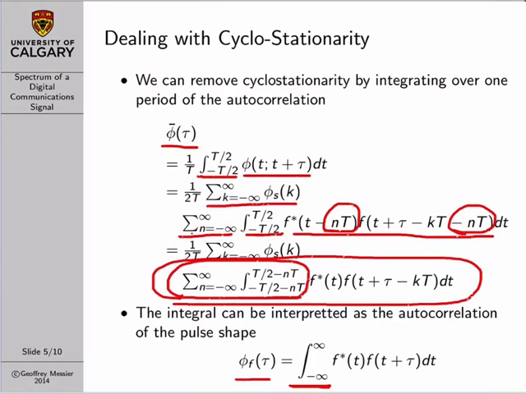And so what we can do then is replace this whole term with the function phi f, which is just the integral from minus infinity to infinity of f of t multiplied by f of t plus tau, which is just the correlation of the two basis functions.